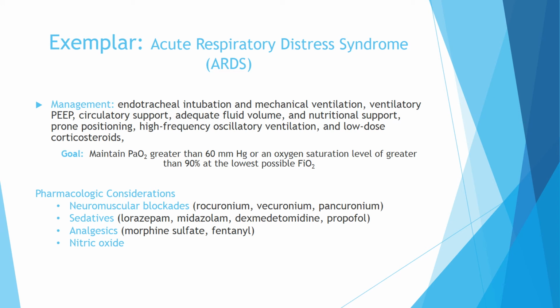Okay? So these patients are absolutely 100% on a mechanical ventilator. You cannot give paralytics without a ventilator, because they cannot breathe on their own when you give them a paralytic. It paralyzes them.